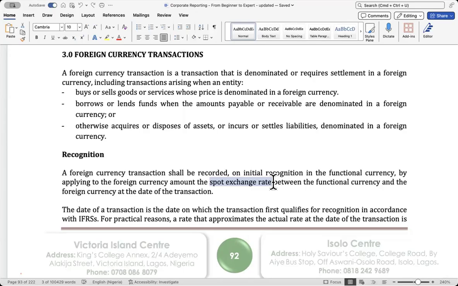So when you are putting that transaction in your books, you put it by translating. If it's $10,000 that you bought it for, you need to convert that $10,000 to Naira using the exchange rate today. At the date you are recognizing it in your books, that is what we call the spot exchange rate. That's initial recognition.